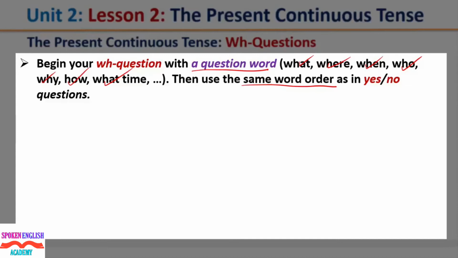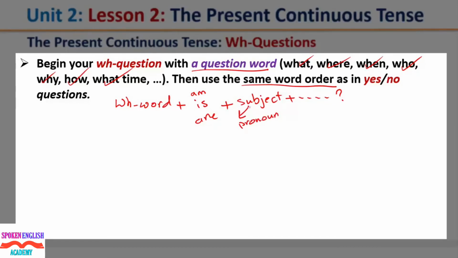So, in WH question, start with the question word, WH word, plus the verb, could be am, or is, or are, plus the subject. After that, complete your question. Now, the subject could be a pronoun, or it could be a noun.